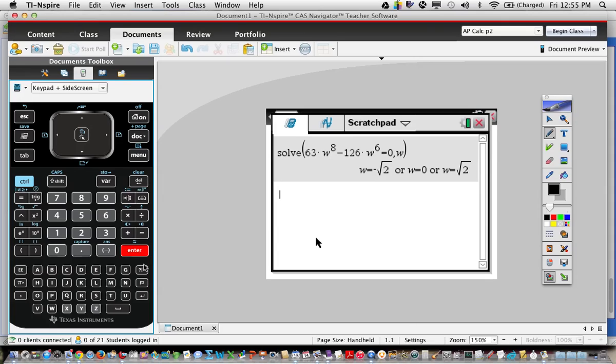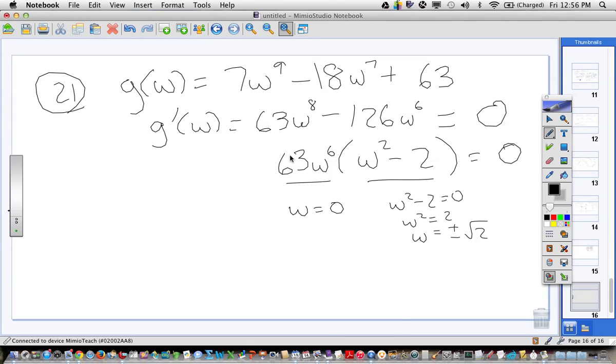Okay? So, very few differences in how you have to show your work. Calculator or no calculator, this would be one of the differences. So this line wouldn't have to be here, and you could have just had your answers. That would have been acceptable, but you have to have your derivative, set it equal to 0.